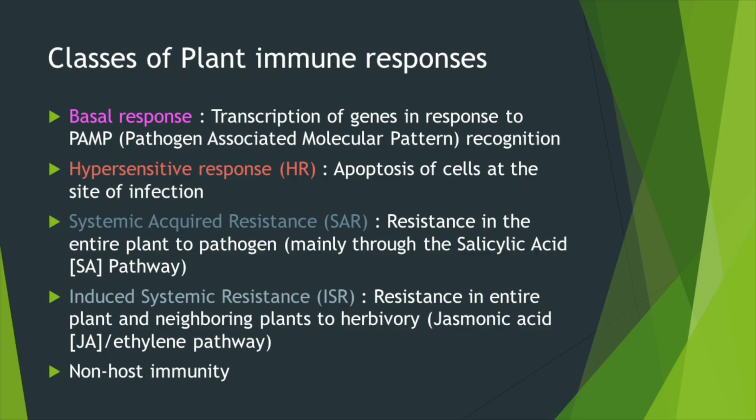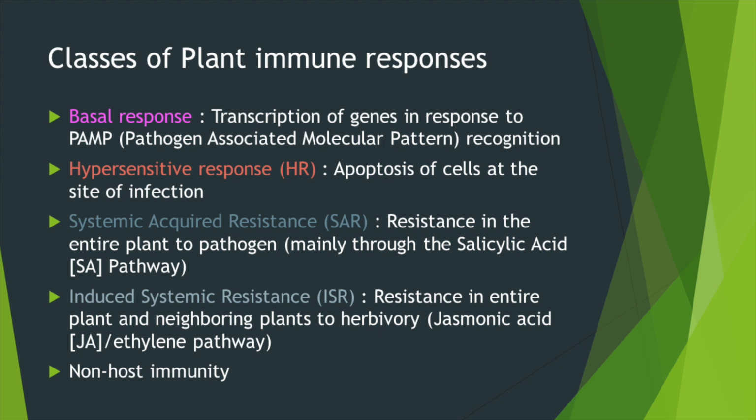So what are the different plant immune responses that will prevent the growth of the pathogen? The first response is called the basal response. Here it produces the activation of certain genes, and these genes transcribe and produce pathogenesis associated molecular patterns, called PAMPs for short.